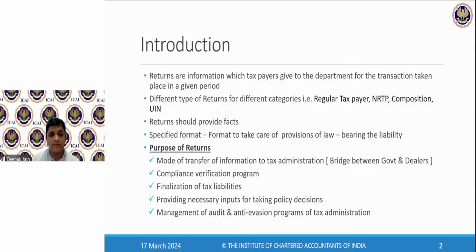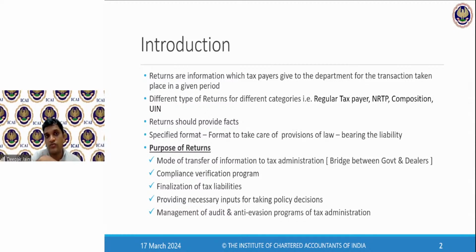Then it is also helpful in management of audit and anti-evasion program of the tax administration. Like how we gave an example of a restaurant, say there is an automobile industry, with a factory in location A and a factory in another location B. From the sales of location B, the government can get to know that yes, the sales are going good. And they see that the other factories are also doing well, but the tax collection is low.